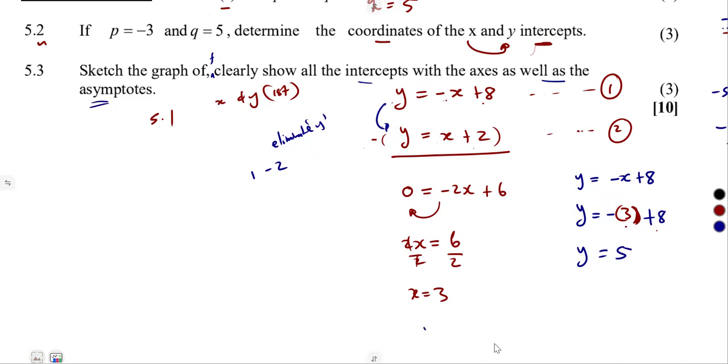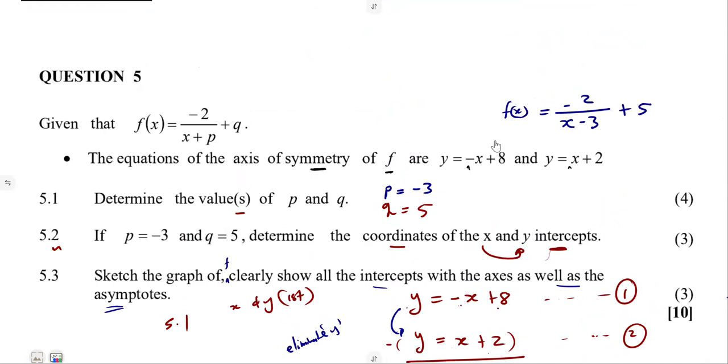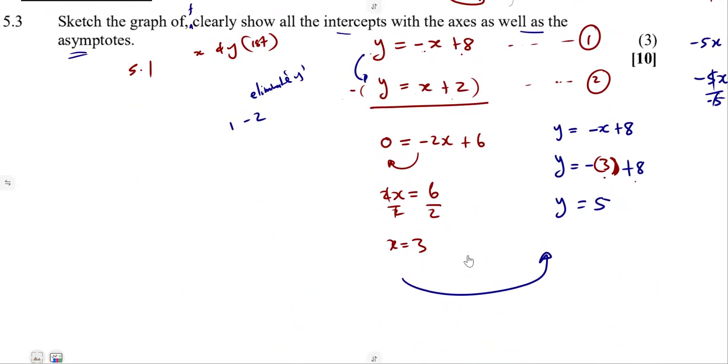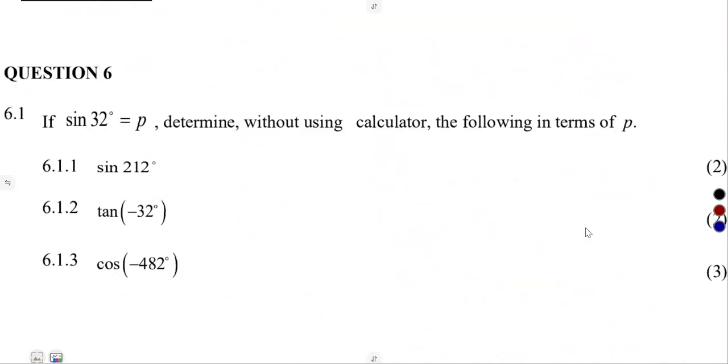Remember, when we're determining the equations of the asymptotes, we're talking about x = 3 and y = 5. So let's start with that part, our asymptotes.